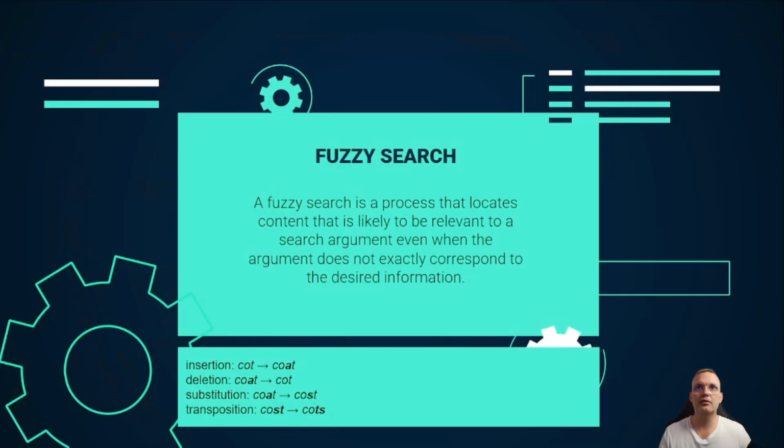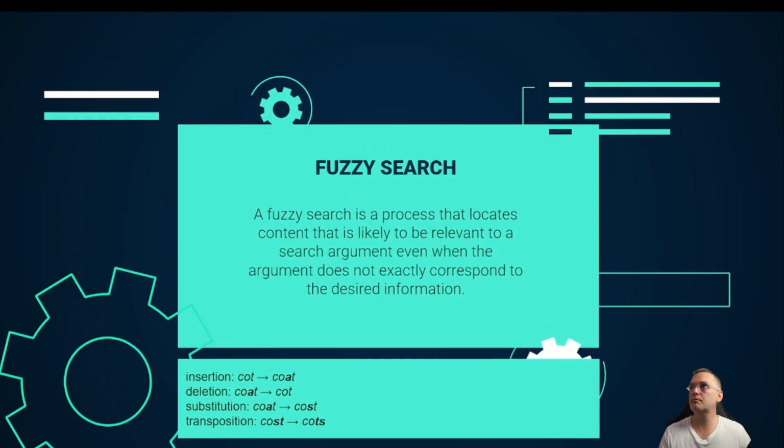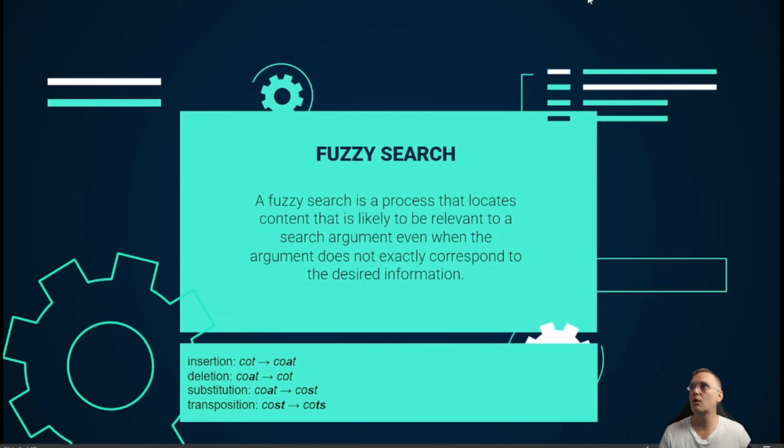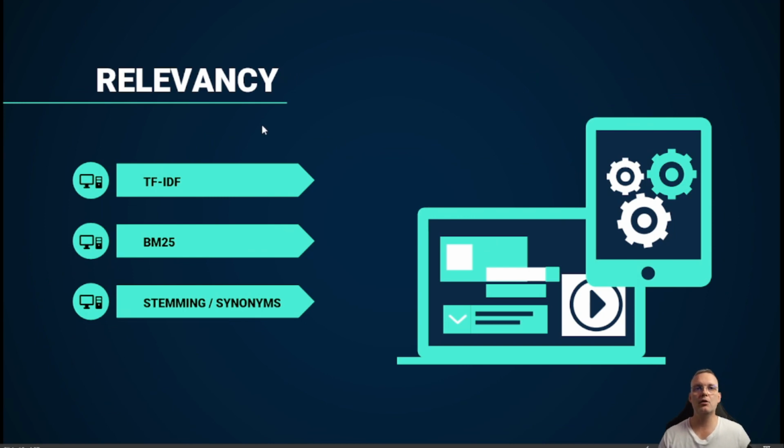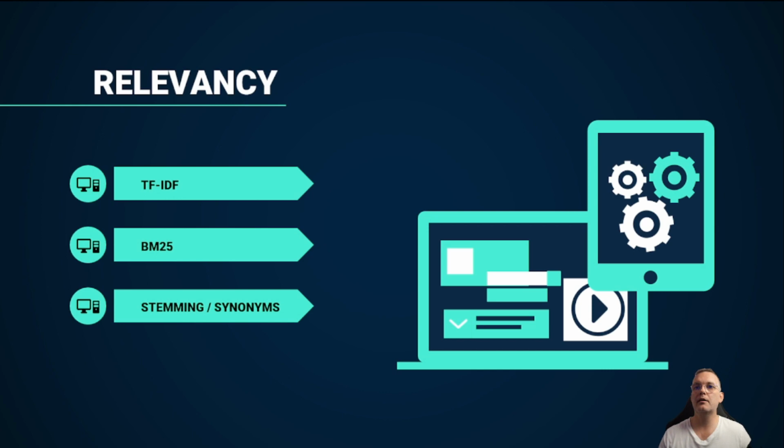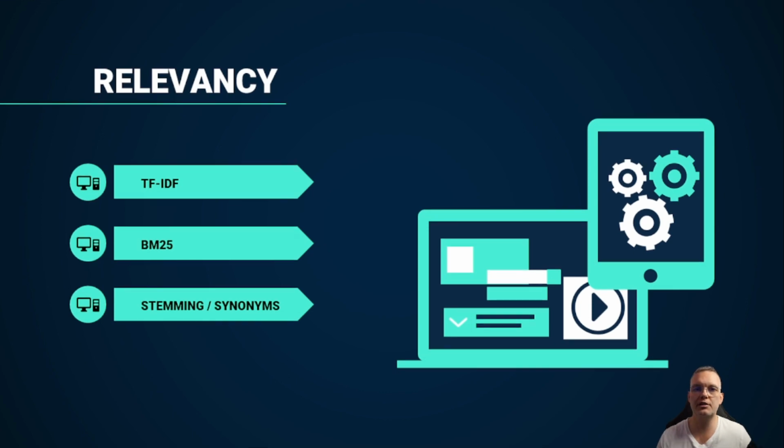So let's go back to the slides. Okay, so relevancy, very important. If you have words in your search engine that point to different articles, you need to figure out which of these articles are more relevant than the other ones. That is very difficult.